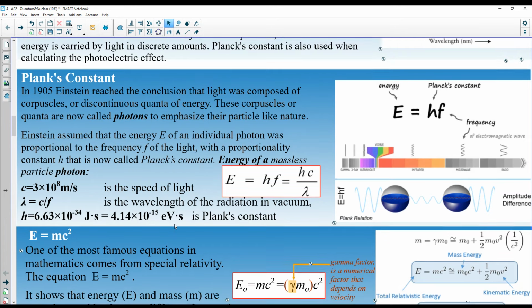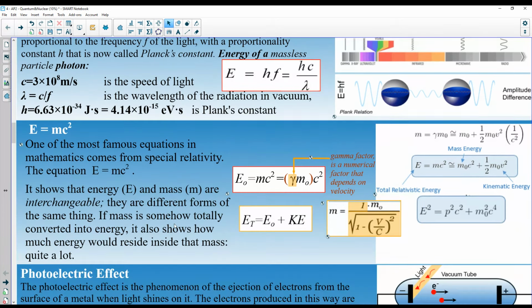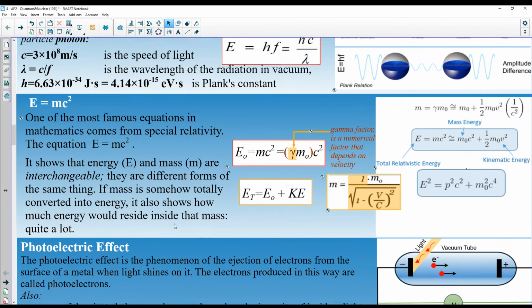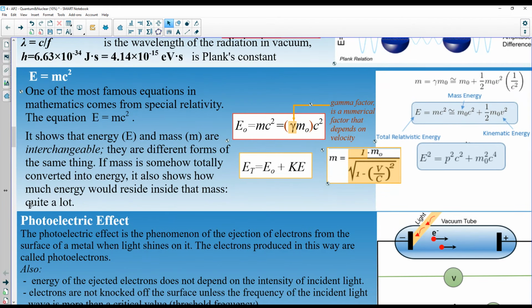And then the famous mc squared. This formula describes the relationship between mass and energy, and tells us that they are interchangeable.